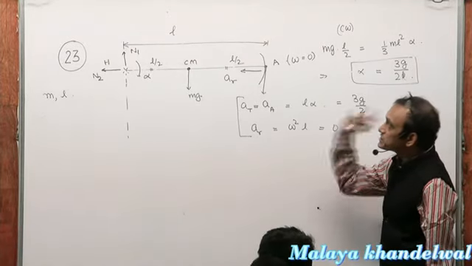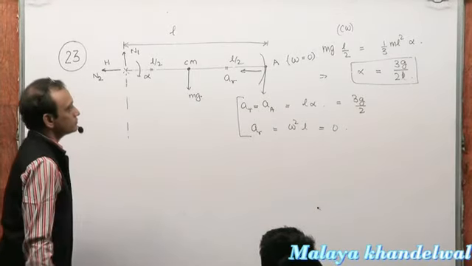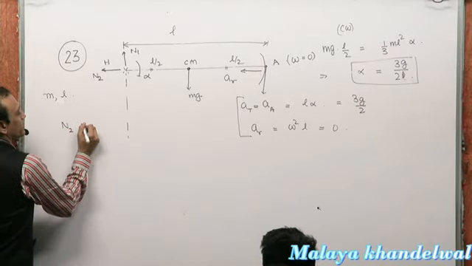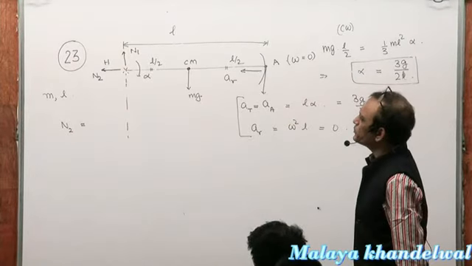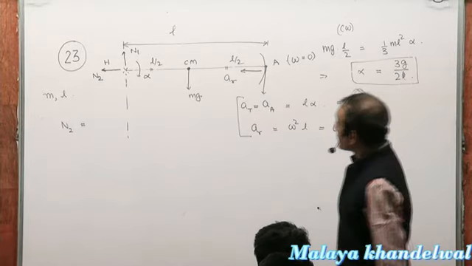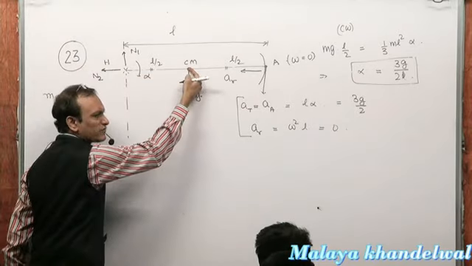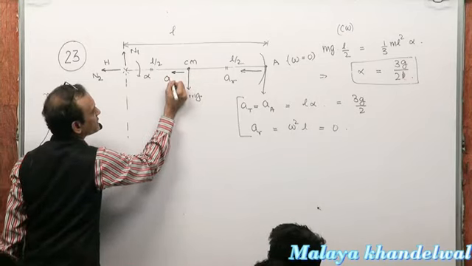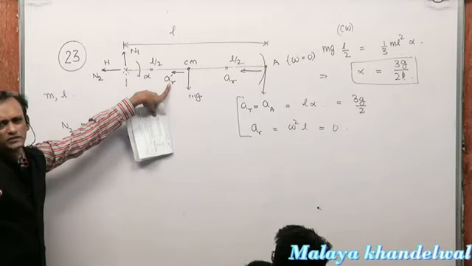Now tell me, at this instant of time, what would N1 and N2 be? First of all, what would N2 do? It would produce centripetal acceleration of the center of mass.